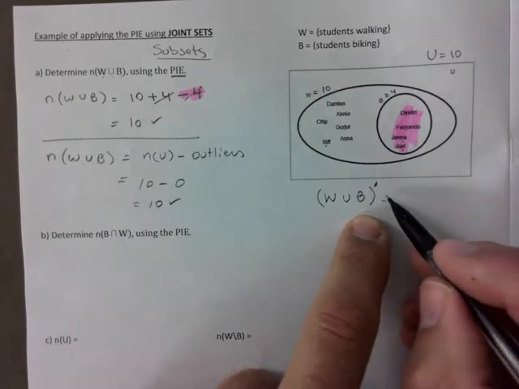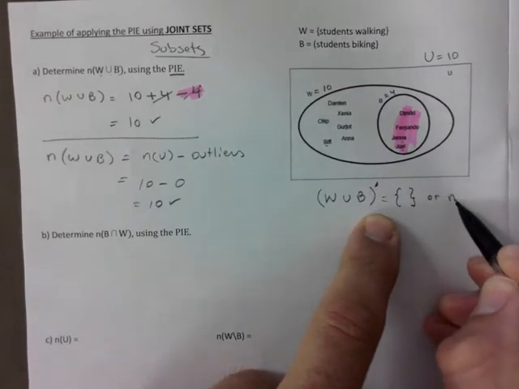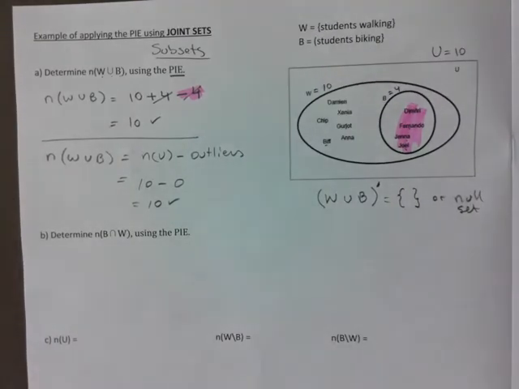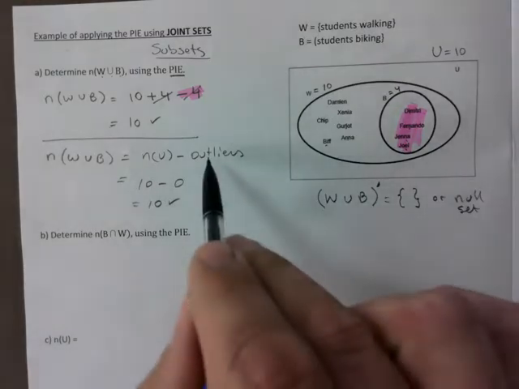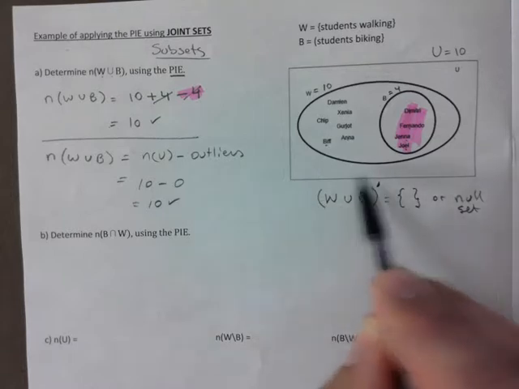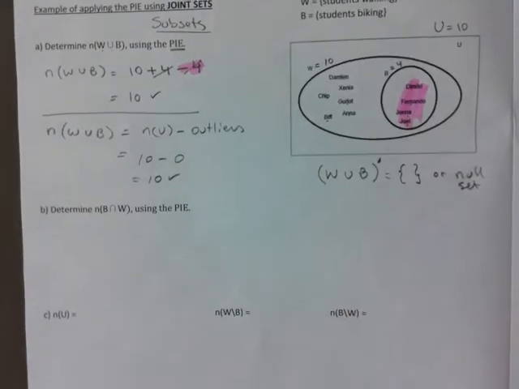In this case, that is an empty set, the null set. So keep that in mind. In this case, there are no outliers. I could write this as n of this notation, but I feel like it gets a little bit too messy, and I think you understand what's happening.